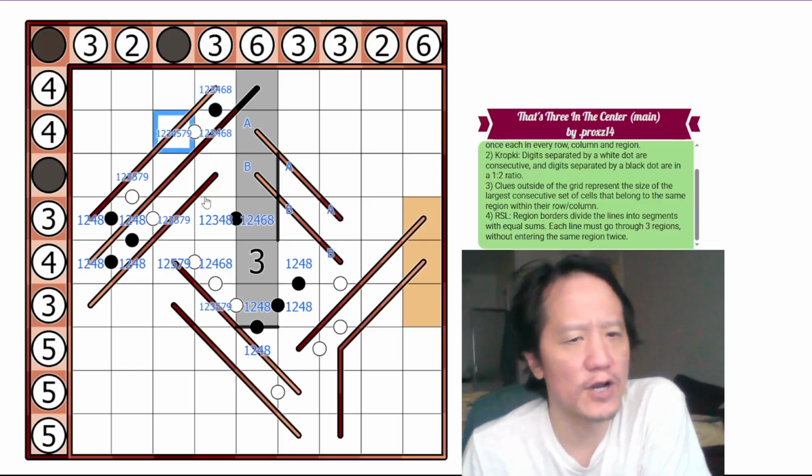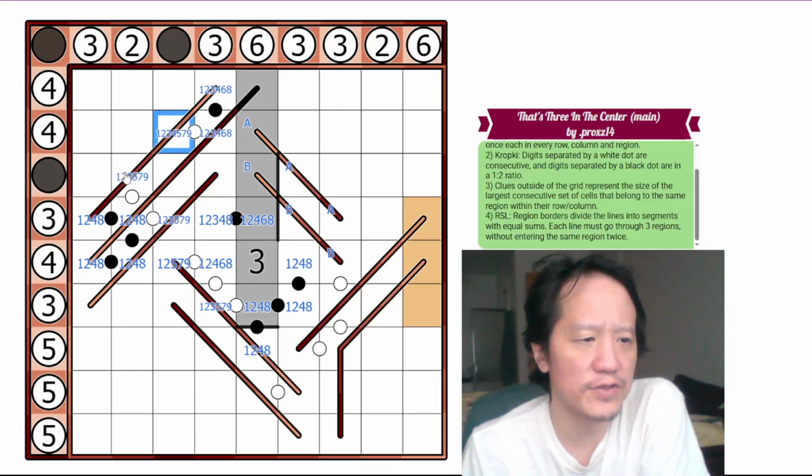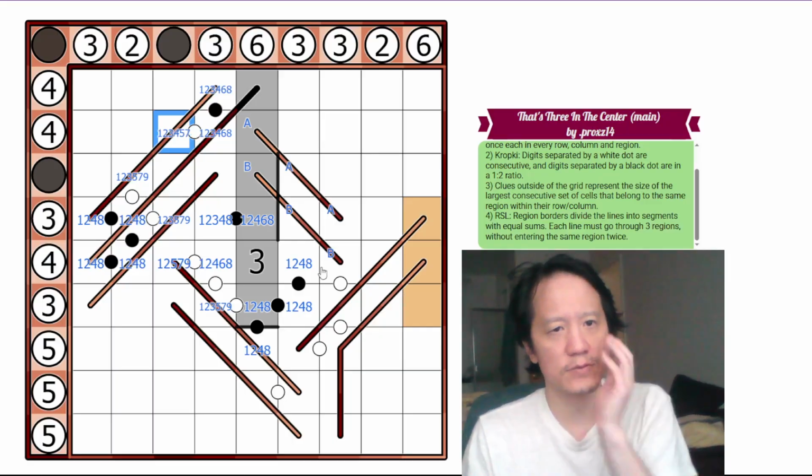So can this ever actually be 9 in the middle? I don't think so, right? It would have to be 9 in the middle and 9 on the outside, which is not possible.